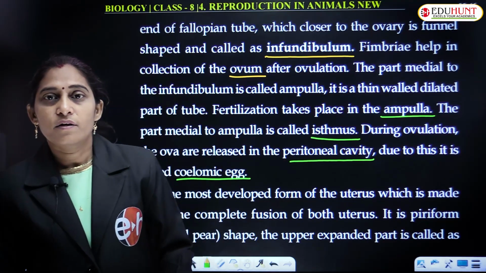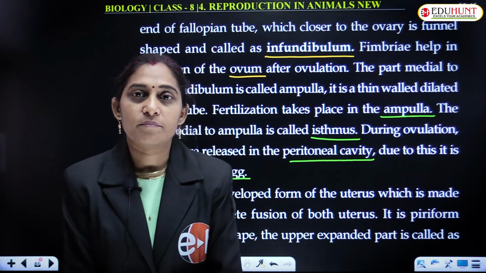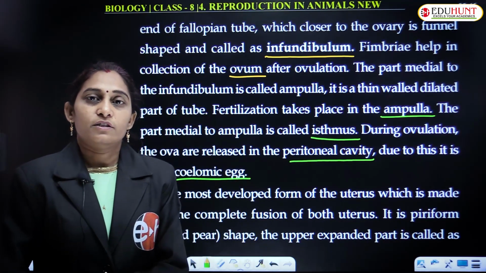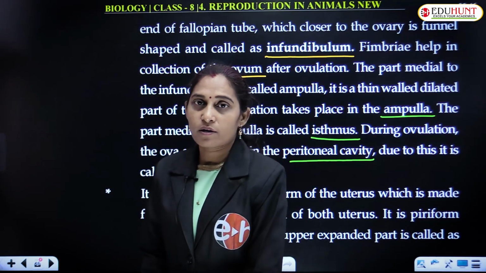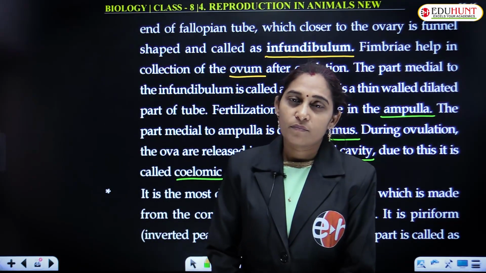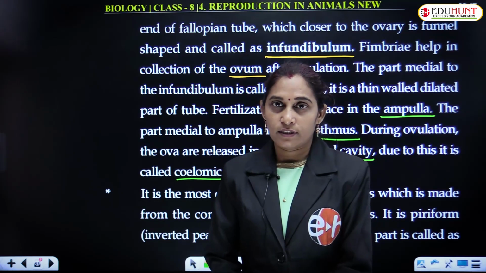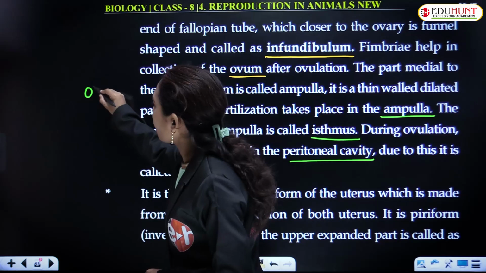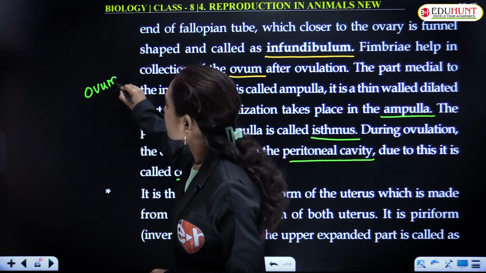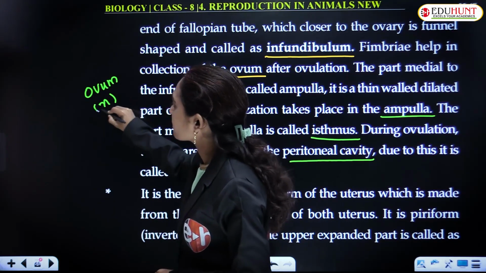This is about the female reproductive system, in which a pair of ovaries, the primary sex organs, form ova during ovulation. Ova are haploid in nature; each ovum is haploid. N means haploid.